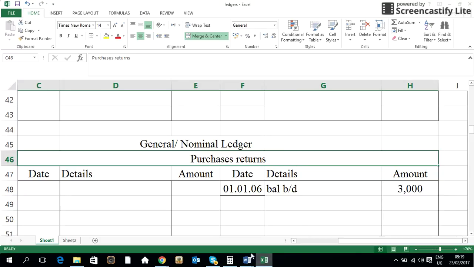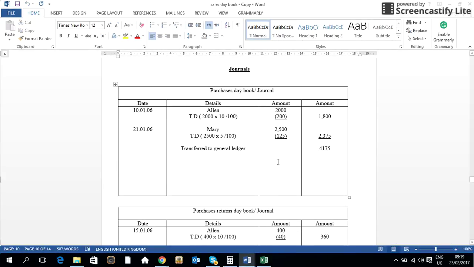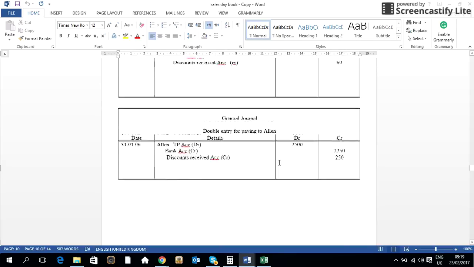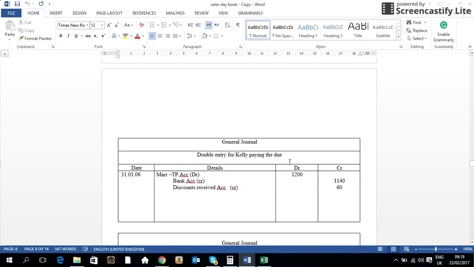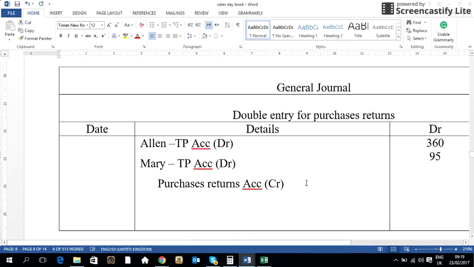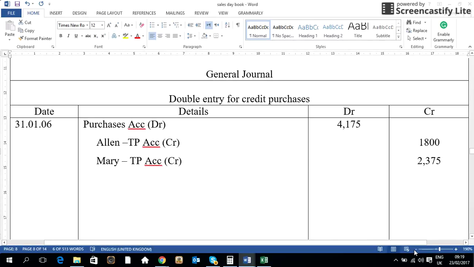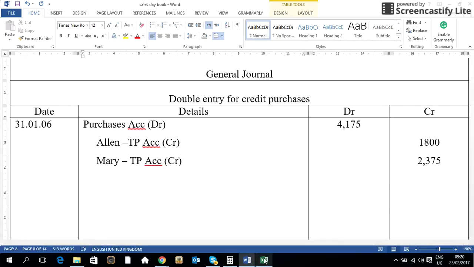Okay. Once we are done with the opening balances, now let's transfer all the information of the double entry. As we identified before, the double entry for credit purchases would be purchases account debit 4,175, Alan account credit 1,800, Mary TP account credit 2,375.